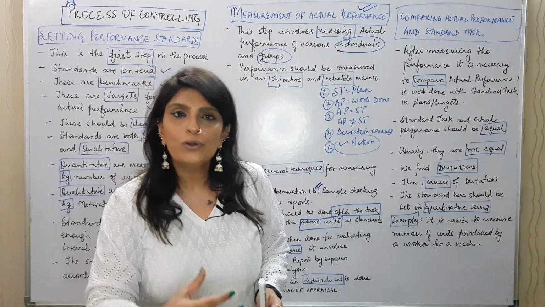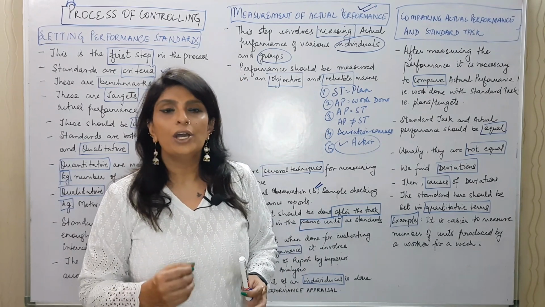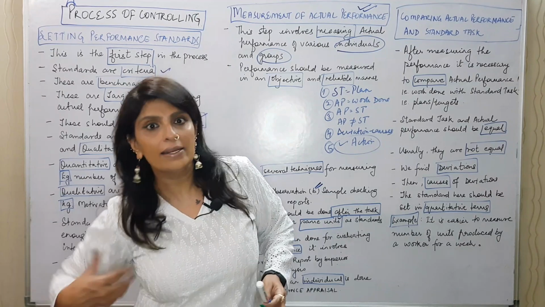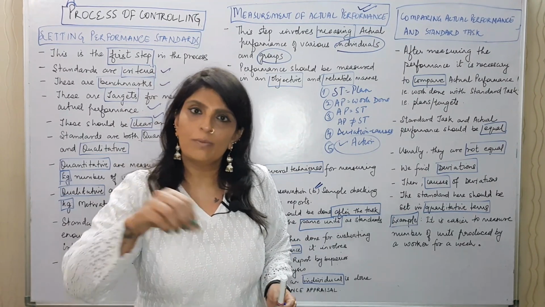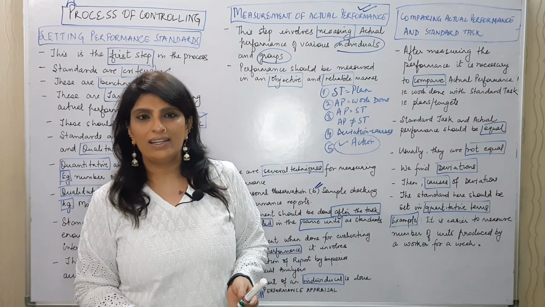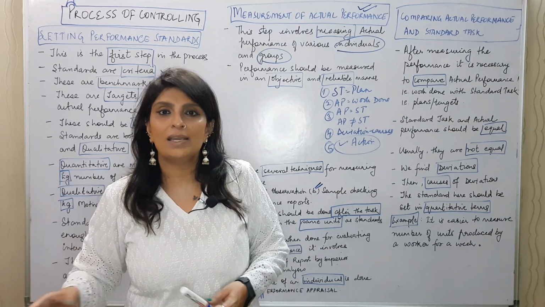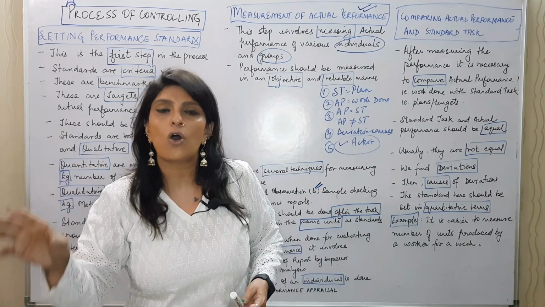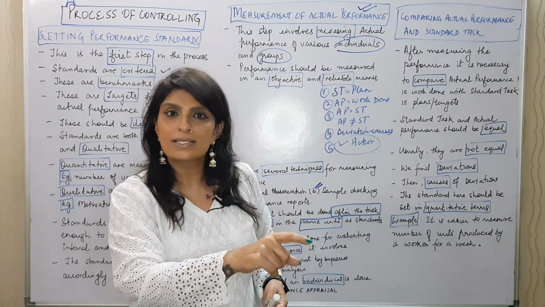Also, if you set a target for production, say suppose 100 units per day, and you just evaluate the performance as per the wage earned by that person according to the number of units produced, that's not the right criteria. The bases are not the same. Bases have to be very, very clear and same. You can't evaluate the standard salary on the basis of number of units produced by a person, because your standard was something else.